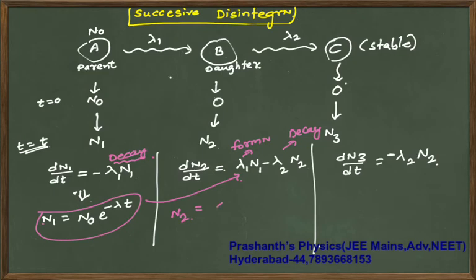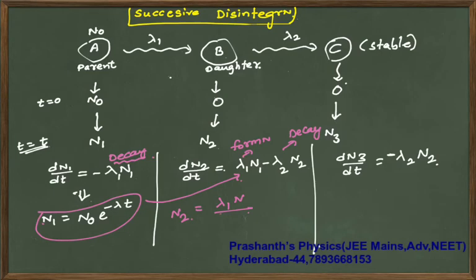Medicine people, you just remember this end result, lambda 1 into n0 by lambda 1 minus lambda 2, you want to write it, or else, don't worry, we will derive this.